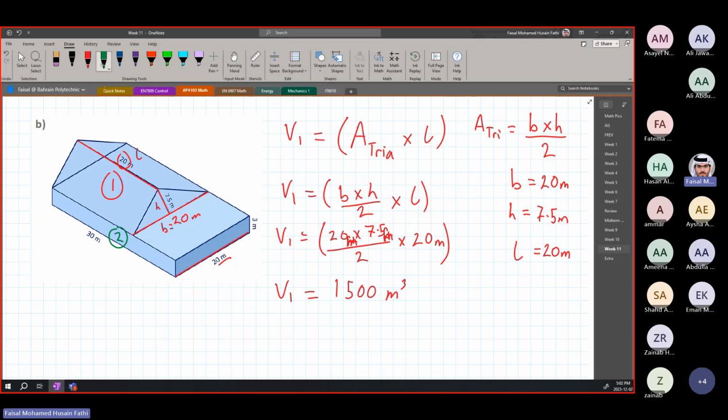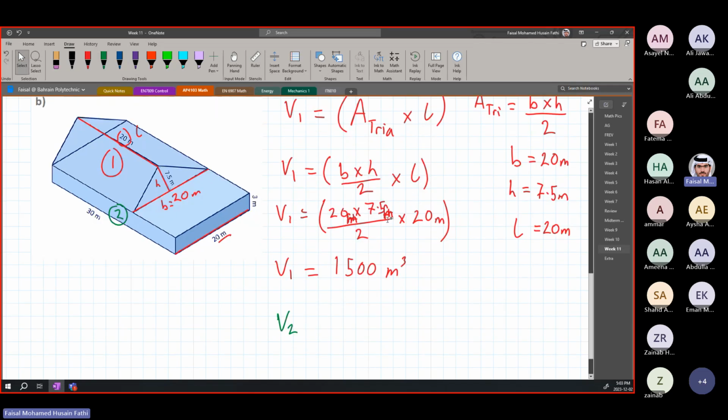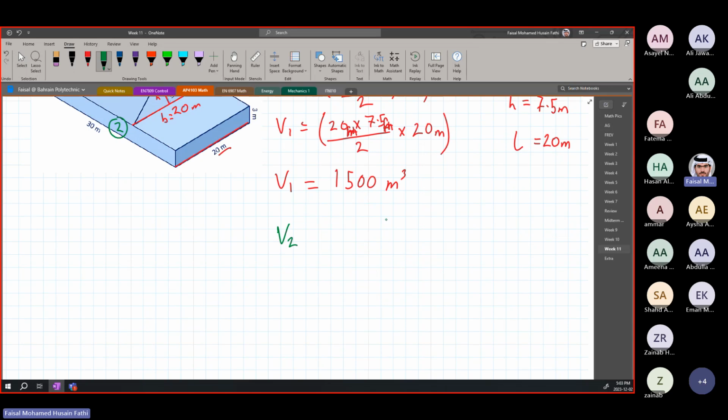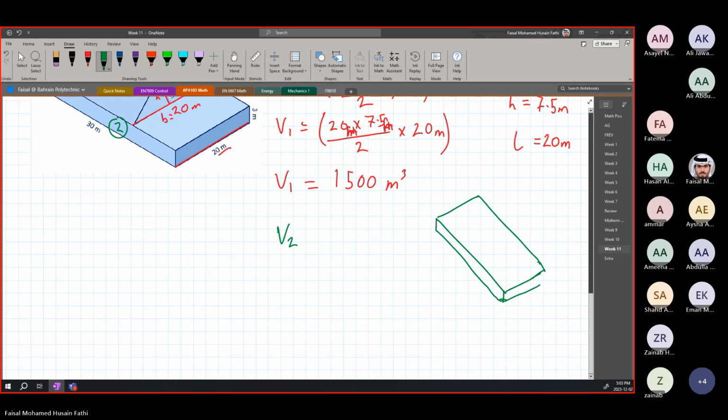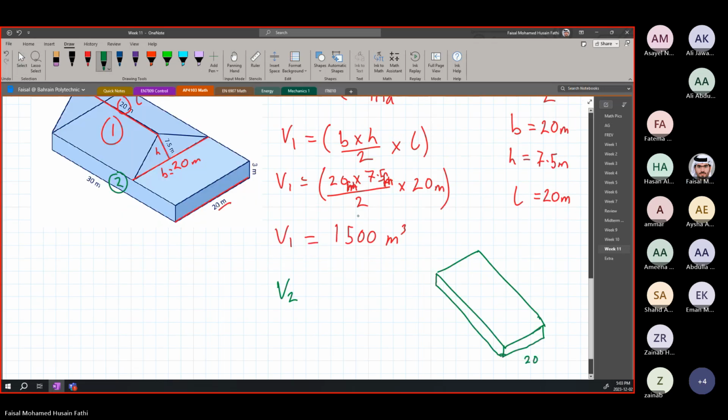Do the same exact thing for the second shape, V2. Remember, V2, if I want to draw the shape very quickly, is just the rectangular prism at the bottom. This is the shape where this is 20 meters.